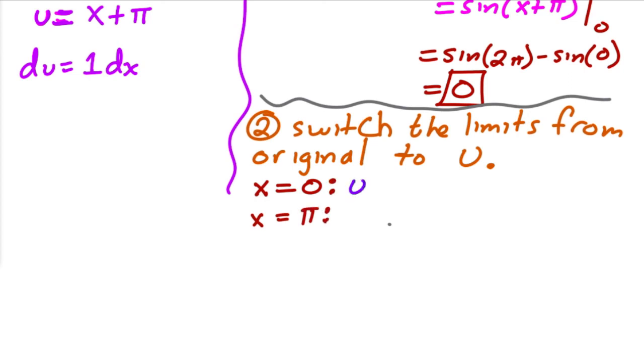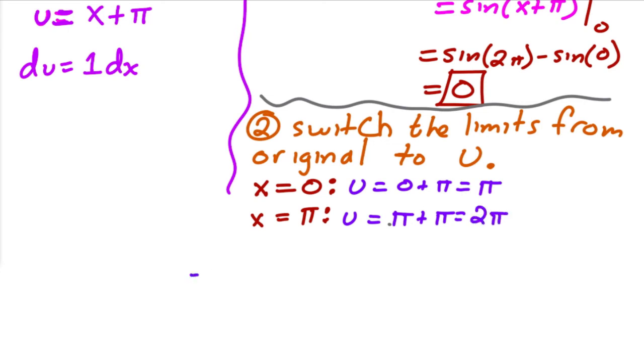So you go, okay, well, I know that u is equal to x plus pi, so then when x is equal to 0, u is going to equal 0 plus pi, or simply pi. When x is equal to pi, u is equal to pi plus pi, or 2 pi.